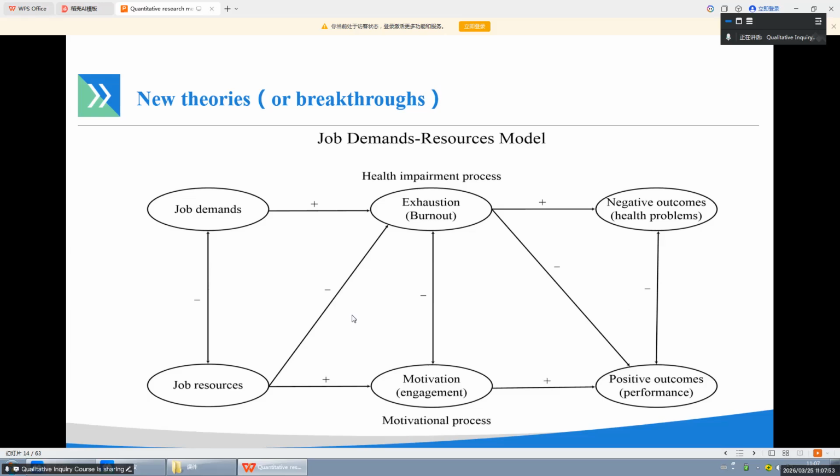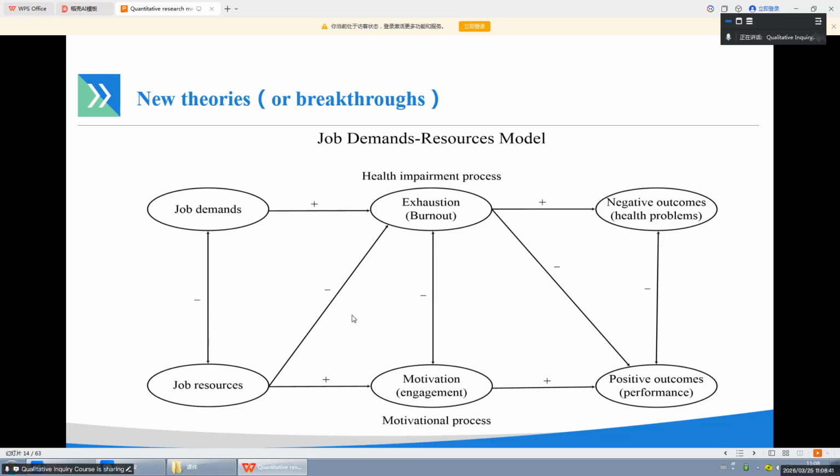The first main proposition is job demands and job resources. The theory divides job characteristics into two main categories: one is demand, the other is resource. You can imagine when you are working persistently in high demanding environments, what could be the result?